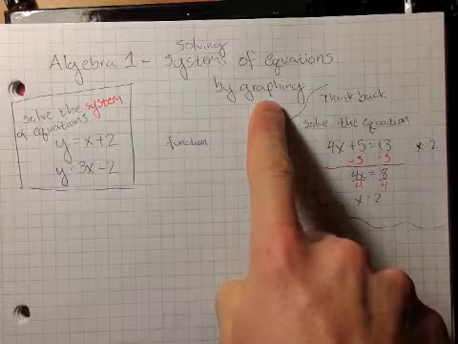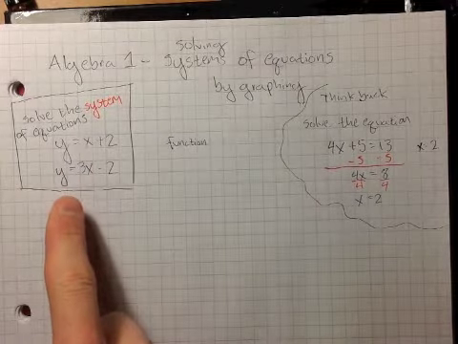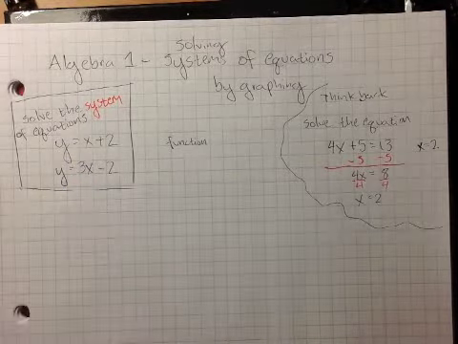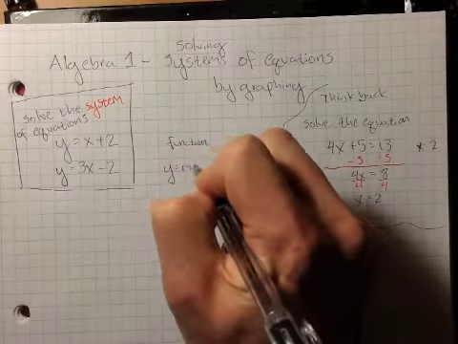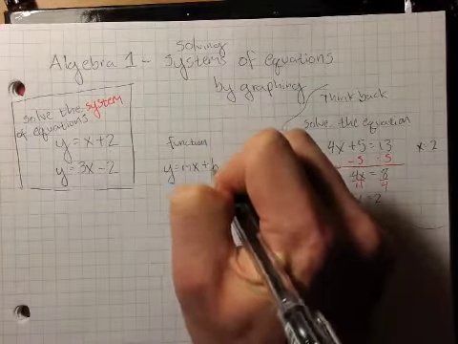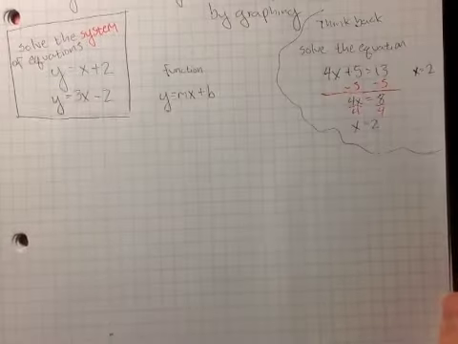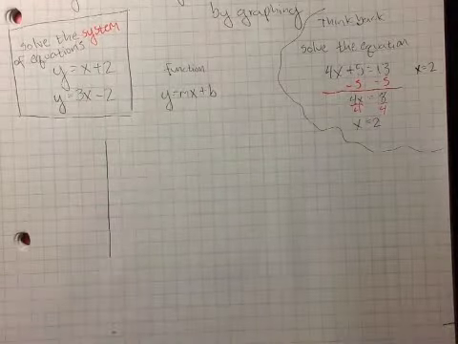So let's do that. You should recognize these two equations as equations of lines. Right now they are written in slope-intercept form, the y equals mx plus b form. So let's graph these. You are doing this with me.